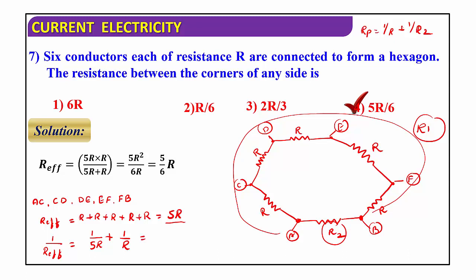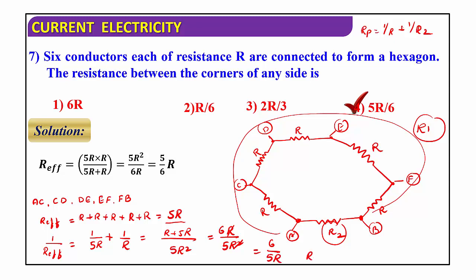Take LCM. So we can write here R plus 5R divided by 5R square, or 5R plus R is 6R divided by 5R square. One R will get cancelled: 6 divided by 5R.